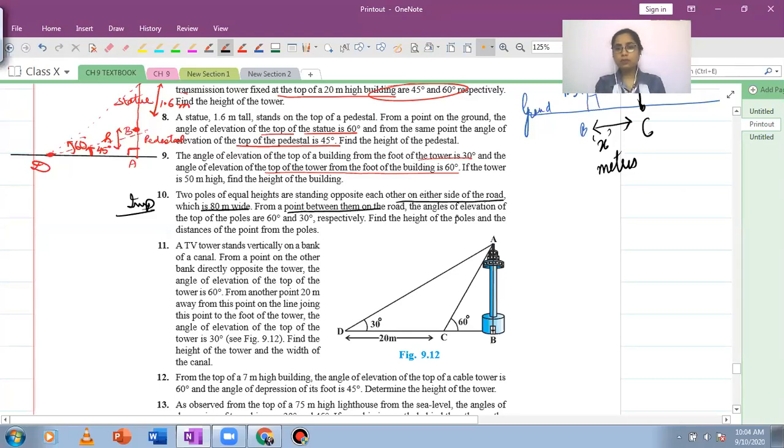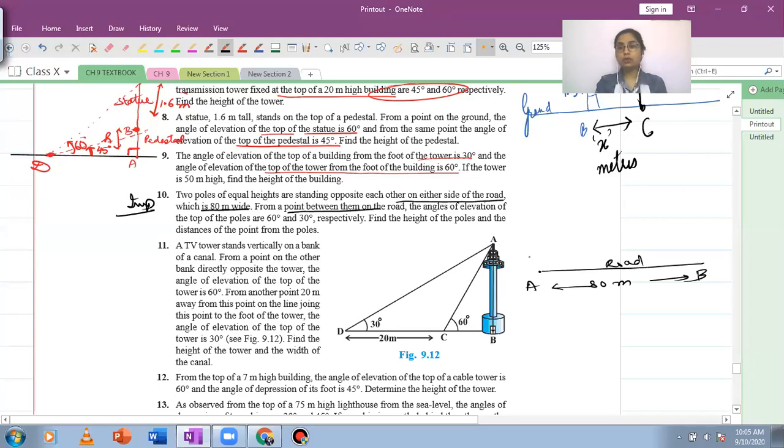Then the angles of elevation of the top of the two poles are 60 and 30 degrees respectively from that point. You have to find out the height of the poles and the distances of the point from the poles. So if I represent this as the road, let us say AB is the road, and this shows the width, and it is 80 meters wide.